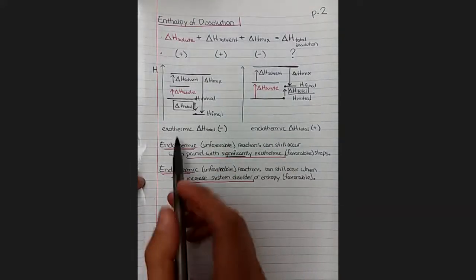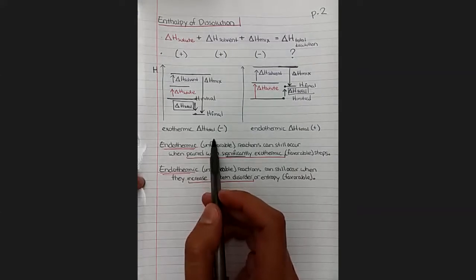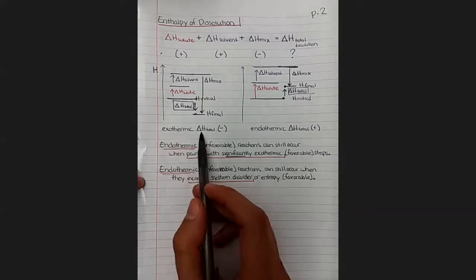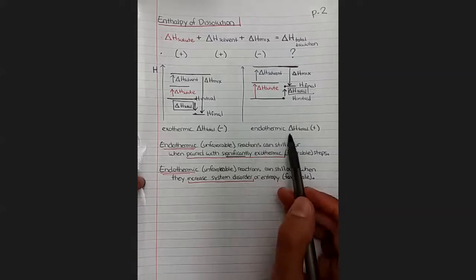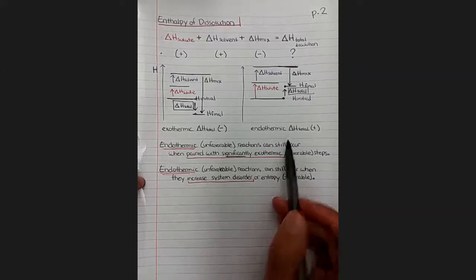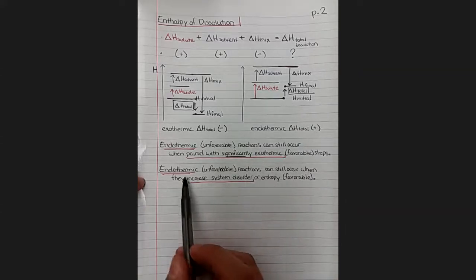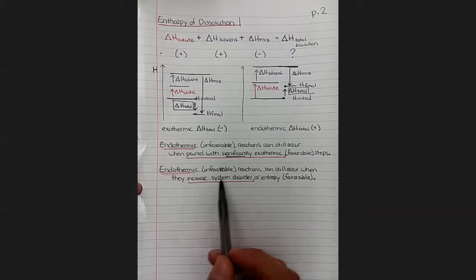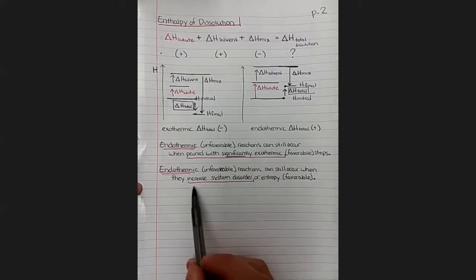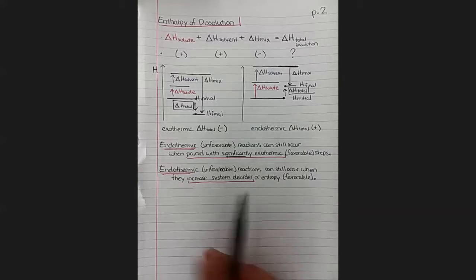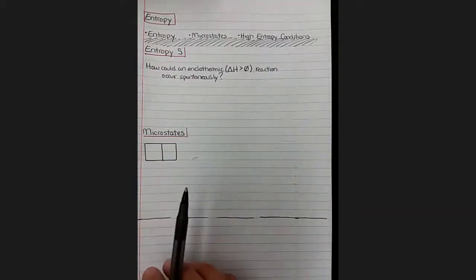And we said exothermic, that's fine, that's a favorable reaction total, and this would definitely happen, but why would an endothermic reaction happen? And we used this sort of hand-wavy explanation down here, and we said they can still occur when they increase the system disorder. So that is entropy.